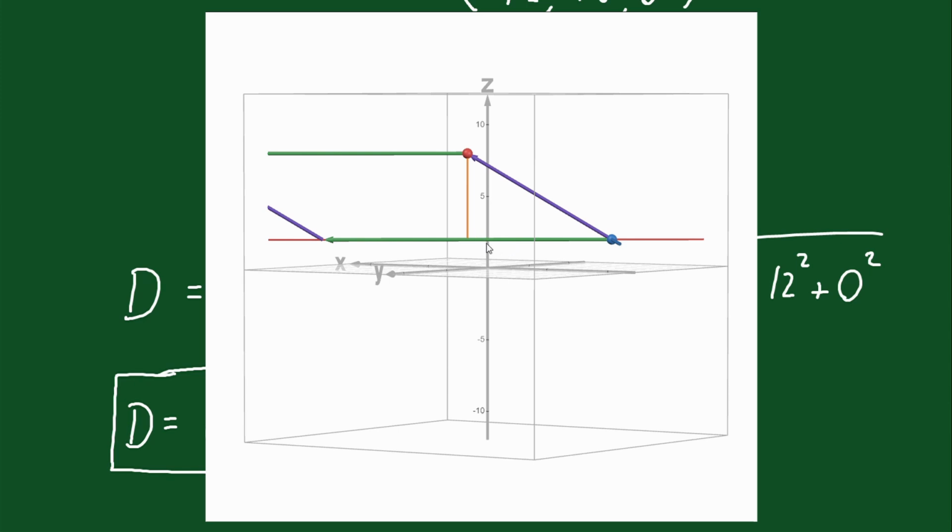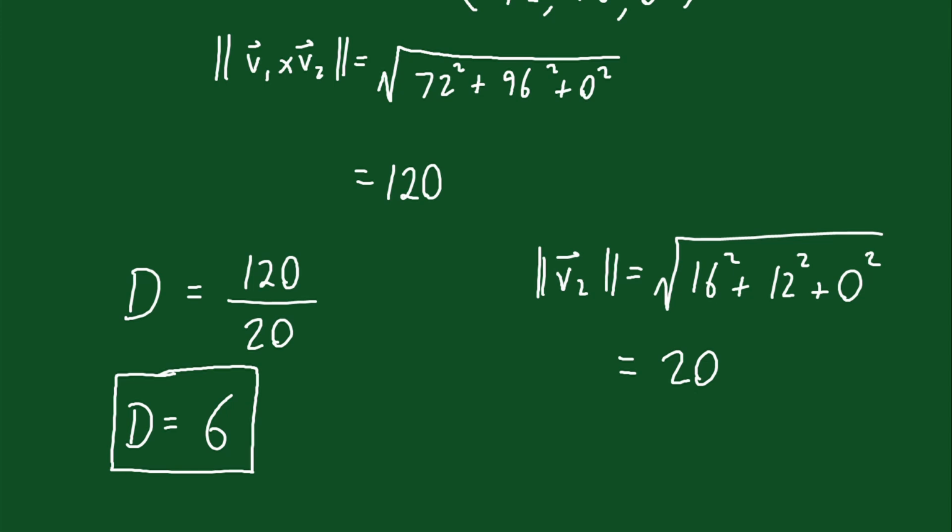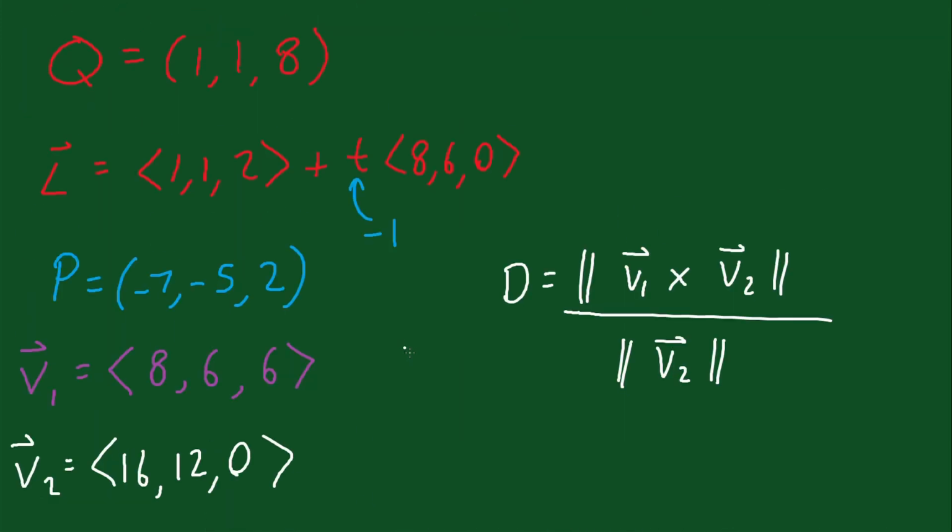Everywhere, because the z value doesn't change. This is a flat line, right? And if you go back and look at the equation of this line, we actually have 1, 1, 2, right? And then plus t, 8, 6, 0. So the 0 means that the z value is never going to change. It is always going to be 2.